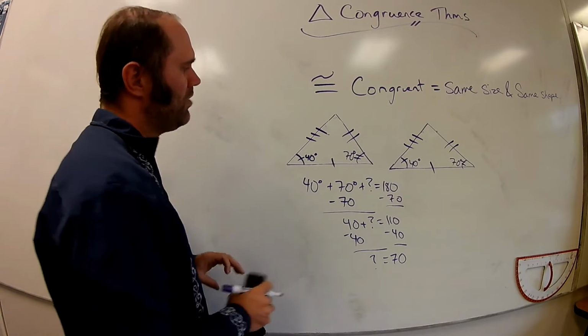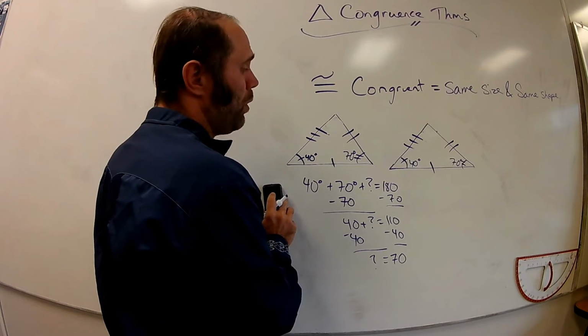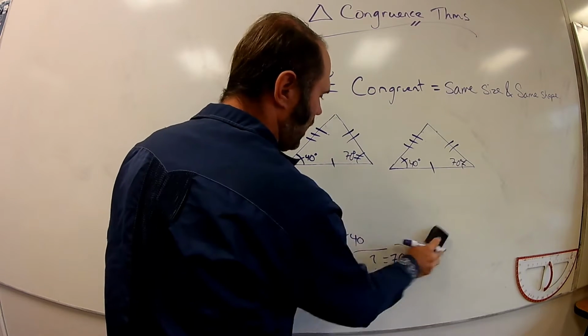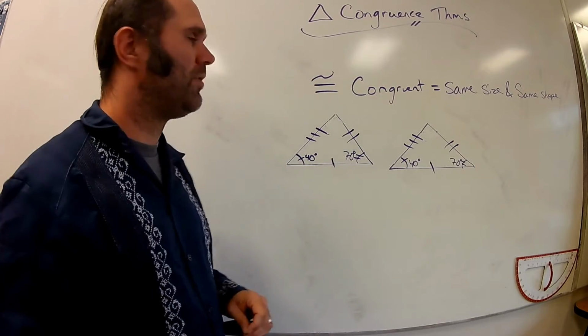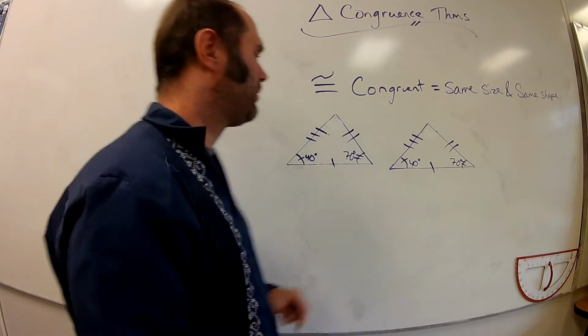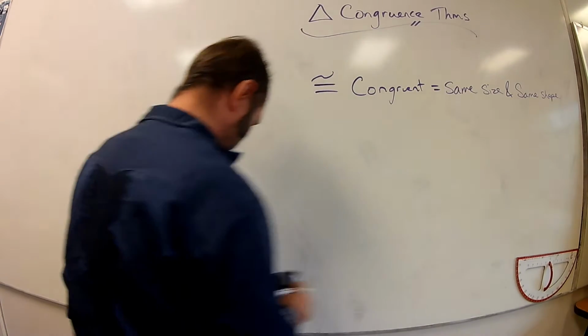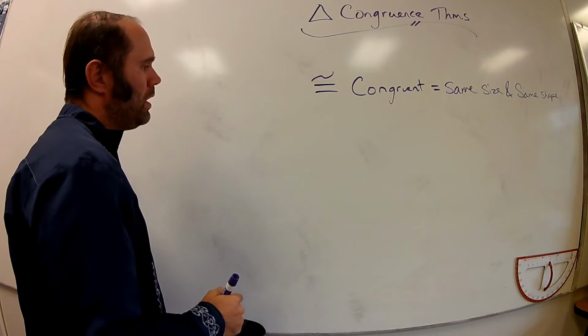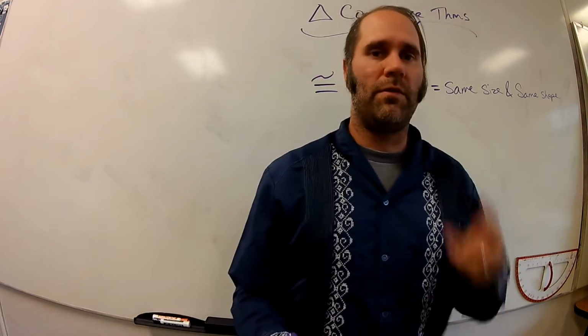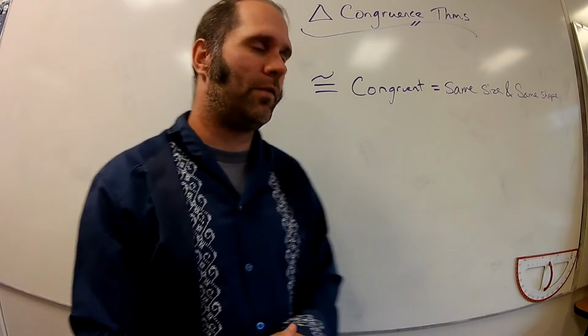So then I guess the question is, could we remove more information? How much information is enough information? Just enough. We generally have the rule of 3. You need 3 pieces of information.